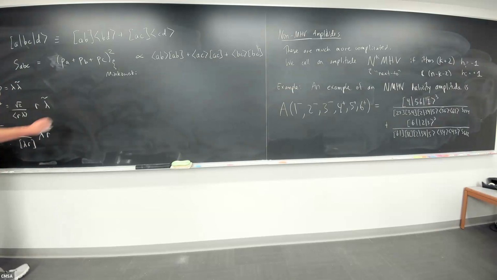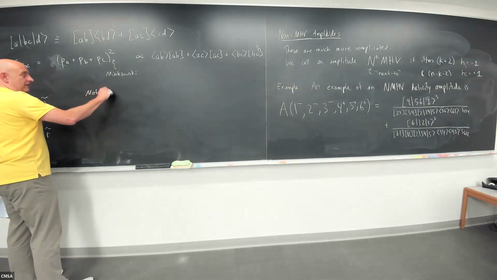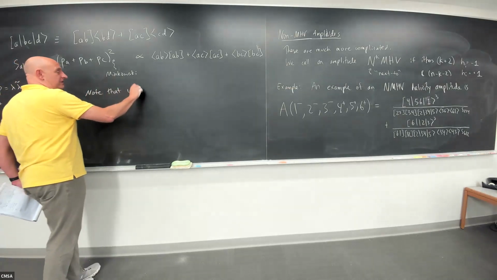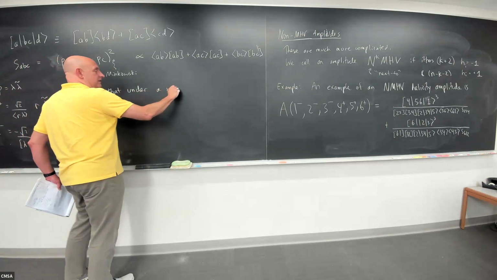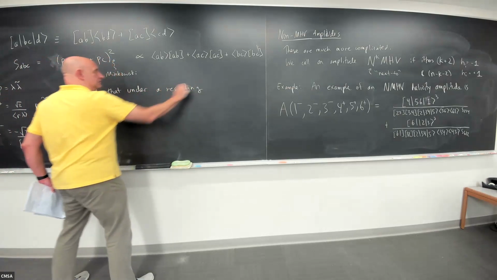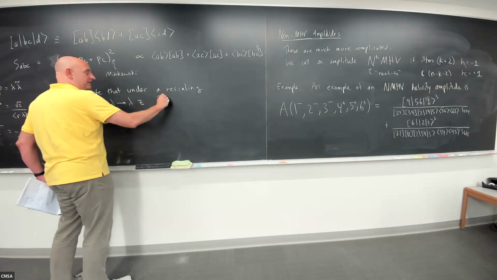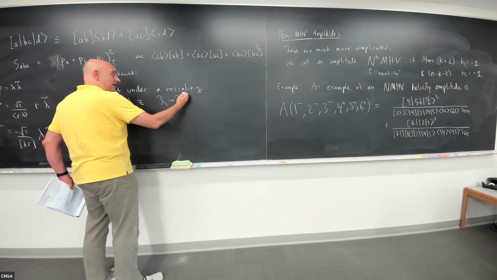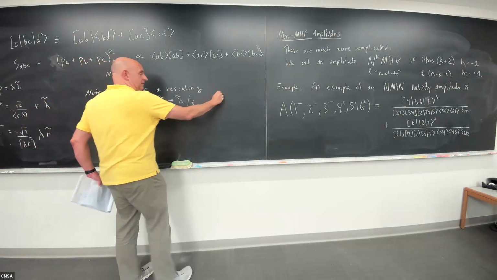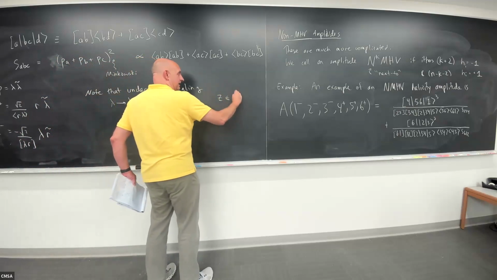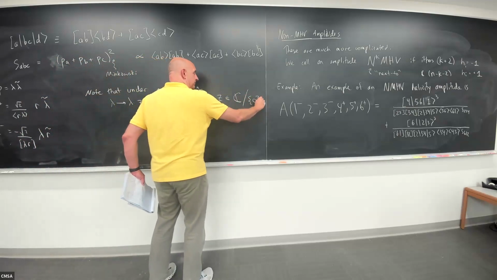This is a crucial point. Note that under a rescaling, lambda goes to lambda times z, and lambda tilde goes to lambda tilde divided by z, for z being any non-zero complex number.